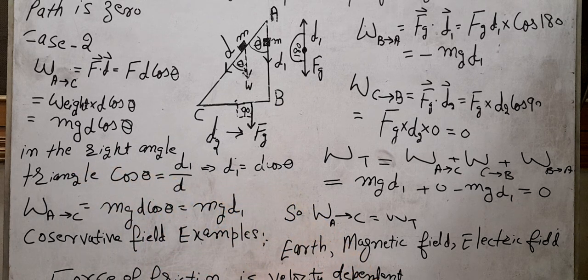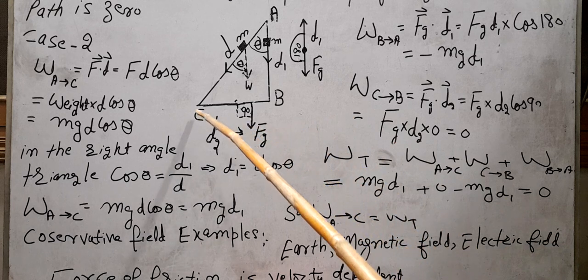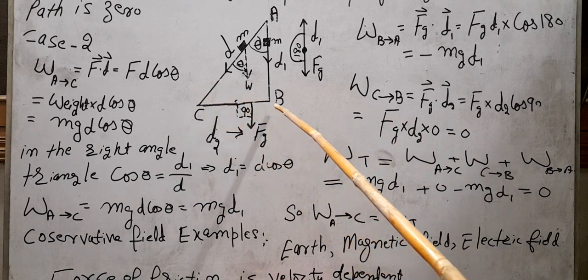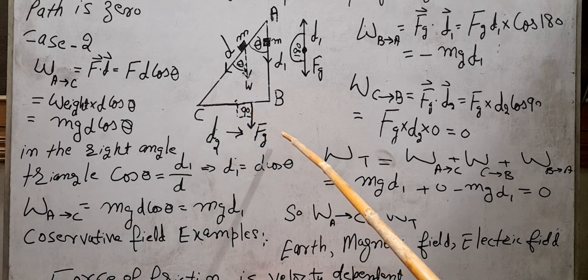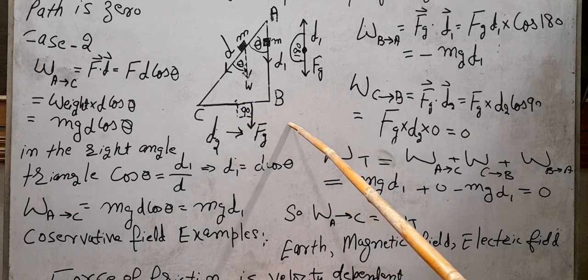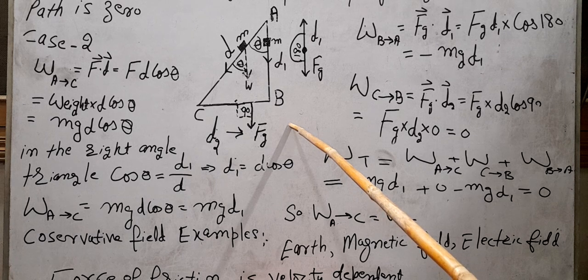Now the body is moved from C to B. But in moving the body from C to B, we will not calculate the work done by the external agent, which is the work we are doing.